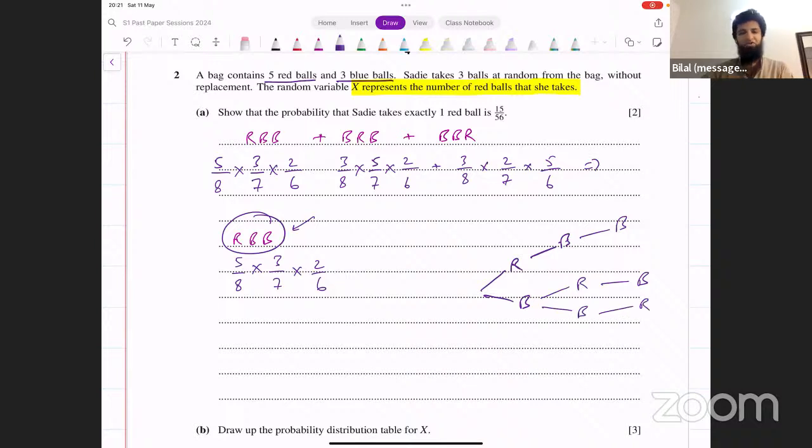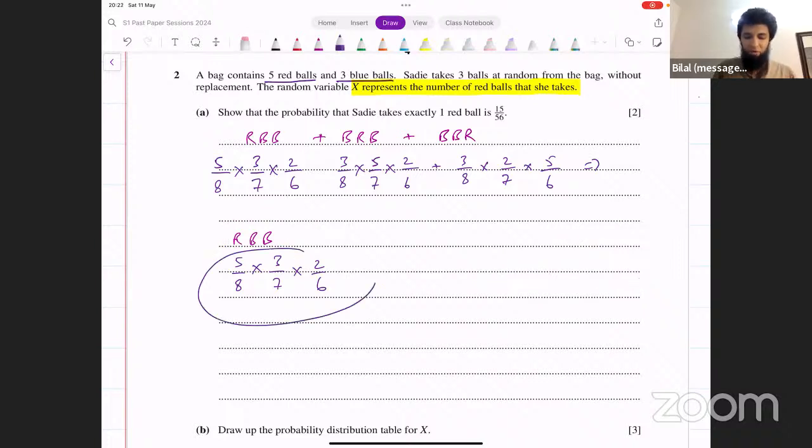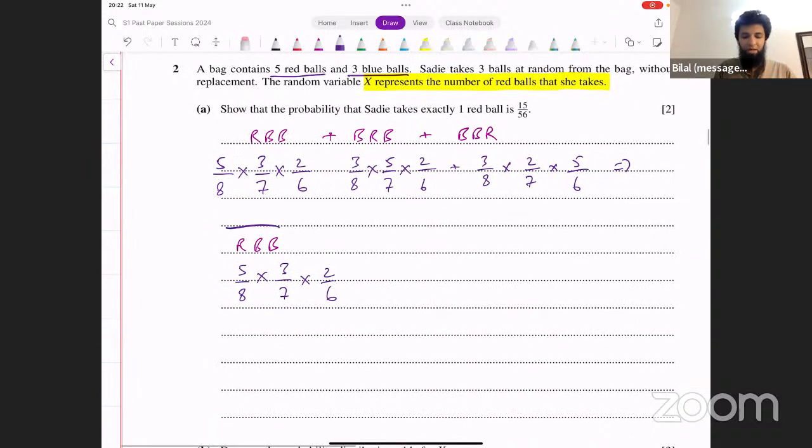Right? There are 3 cases on the tree diagram. Of course, this is not the complete tree diagram, but these will be the 3 parts that are giving you the same probability. So the way to do such problems is you just find the probability for one such case, and then you think about in how many paths on the tree diagram you can find this. We listed those paths up there.